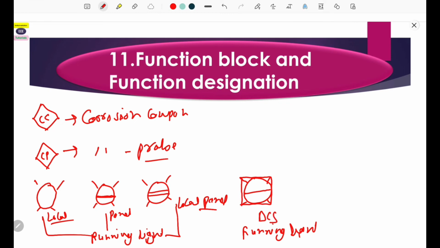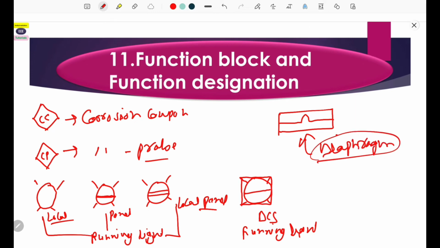Some symbols are also written in this way. This is called the diaphragm type. So this is one function block and function designation.